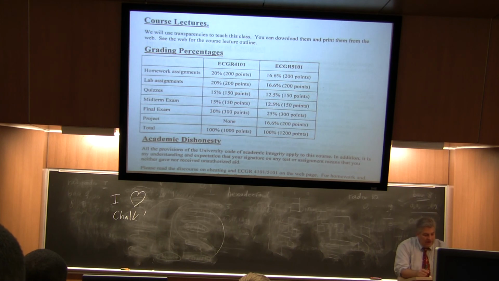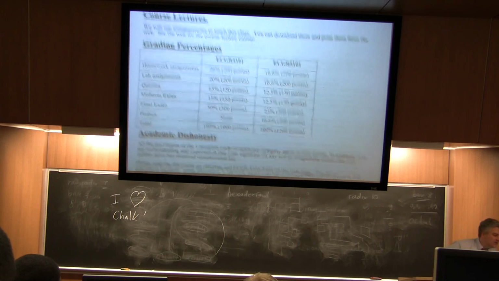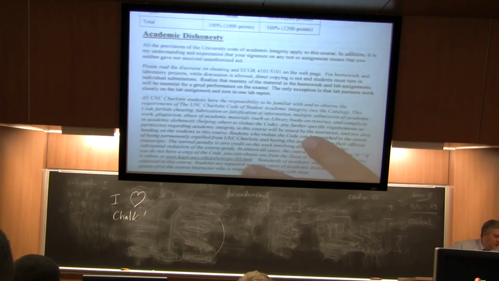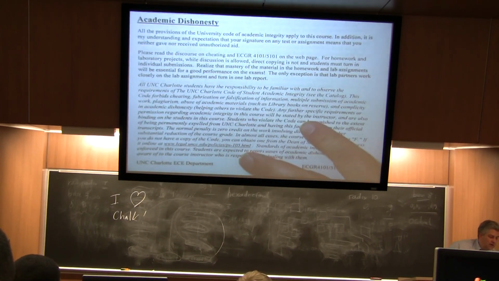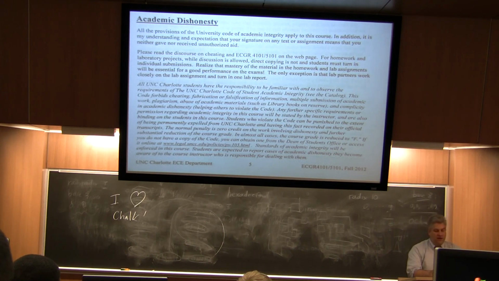I have several discourses on academic dishonesty here and on the website. One thing I have to mention, and it's very sad that I have to do this, is that typically every semester I have to submit the names of at least 4 students who are caught cheating, usually on a lab assignment.